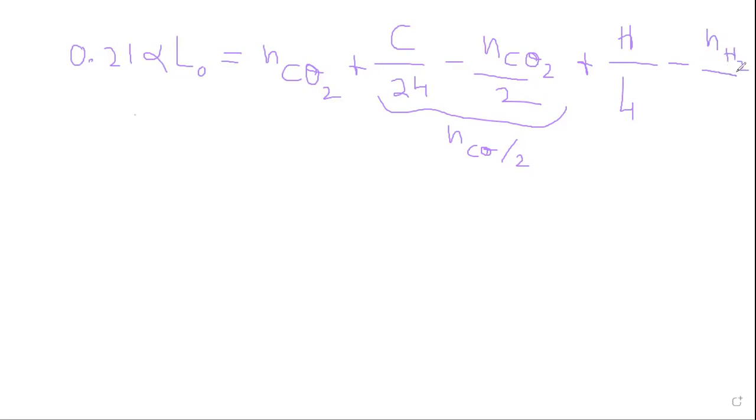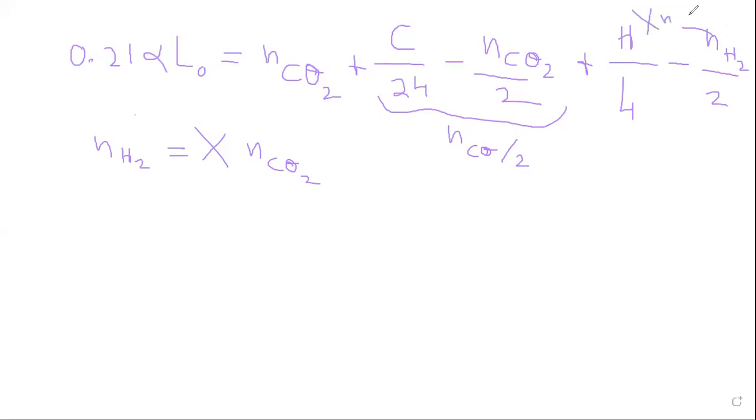And as we said in the problem, they gave us NH2 as a function of the quantity of CO2. They gave us X, so NH2 is simply X times NCO2. So now I will replace here NH2 by X times NCO2.